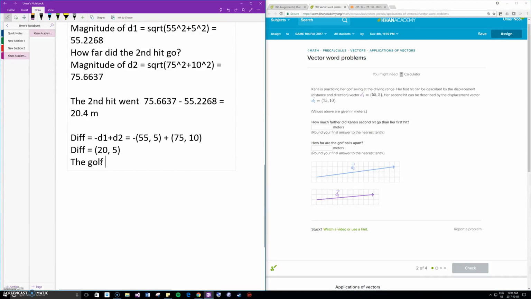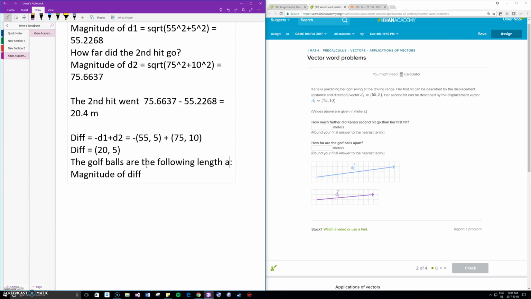The golf balls are the following length apart.